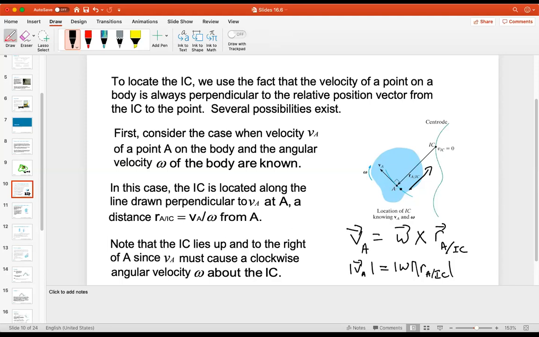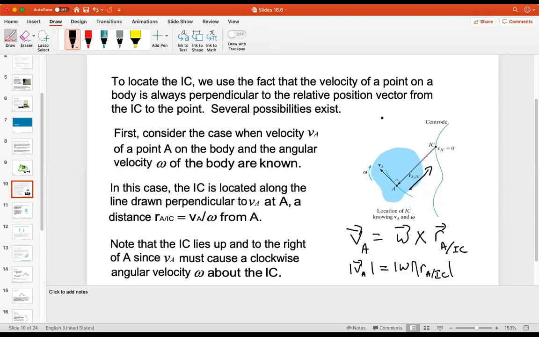All right, they make a nice observation. Notice in this case, the point A is kind of arcing, if that's even a word. It arcs like that, and the instantaneous center lies, if you think of it as part of a circle almost, up here towards the center of that circle.